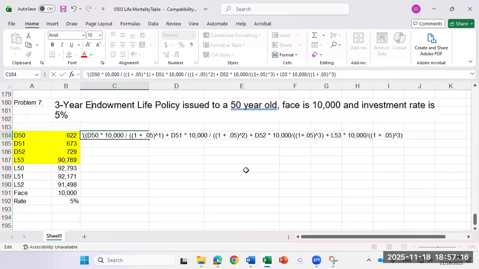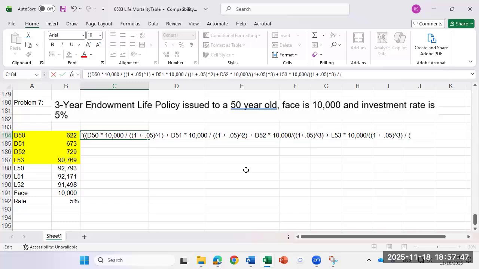You could just take this out entirely and just add L52. You can definitely bring out the 1 plus 0.05 to the third, and then you're left with D52 plus L53. That's just L52. That's what he did on the exam. I was like, wait, what did he do? And I was like, well, okay, that's right. I have to give him credit for it. So yeah, you can simplify it like that if you want to. I won't do it like that, but you can.